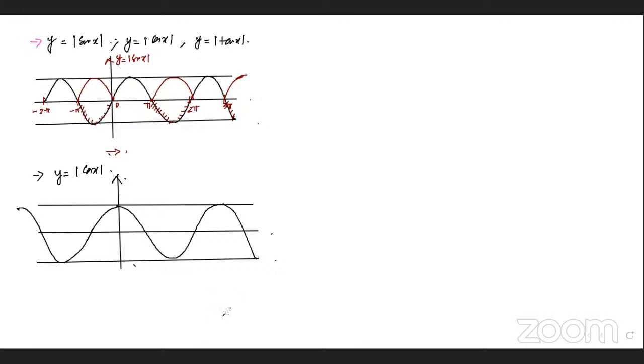As you know, this is minus pi by 2, this is 0, this is pi by 2, this is pi, this is 3 pi by 2, this is 2 pi and so on. We don't need to worry about the scale, because you know what the scale is. What we have to do is remove this particular part, because if we want the modulus, then this will appear here.